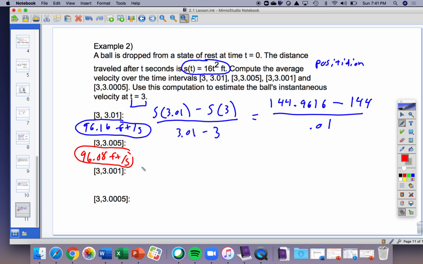Okay. Again, we can get our intervals even closer. So we'll do s of 3.001 minus s of 3 over 3.001 minus 3. I'm not going to write out all these values. I'm just going to use my calculator to find it.